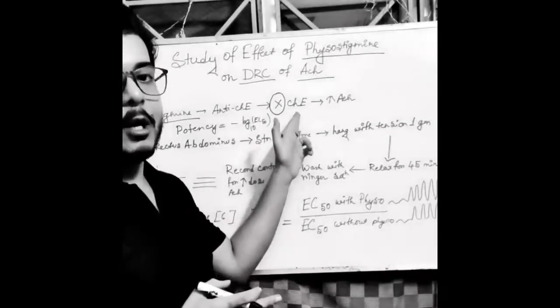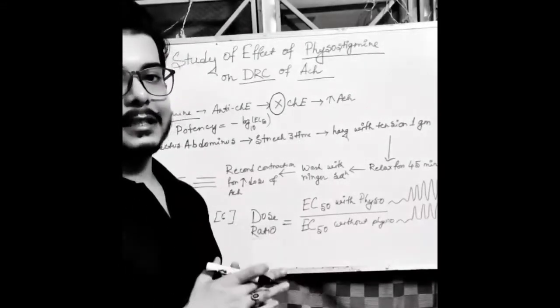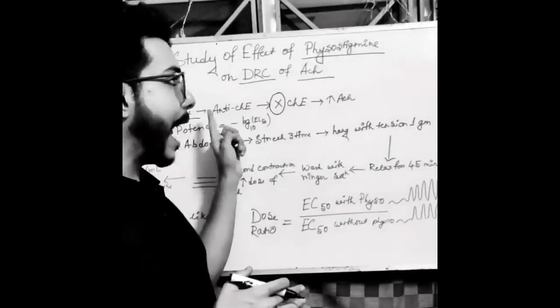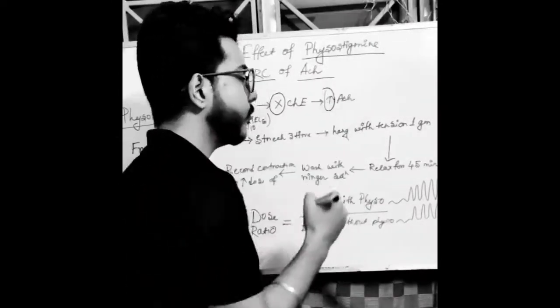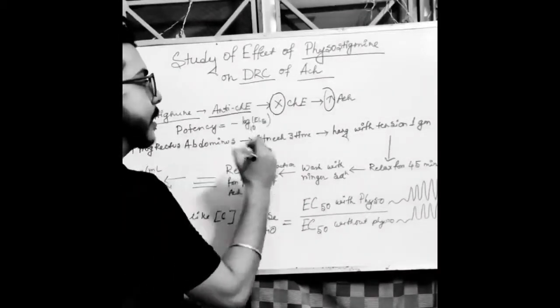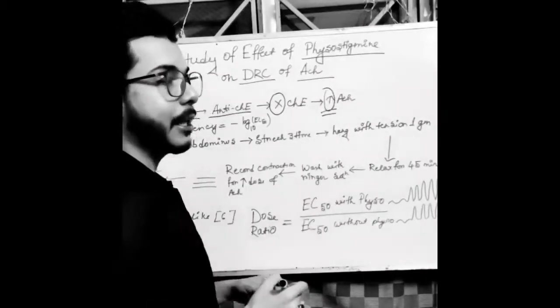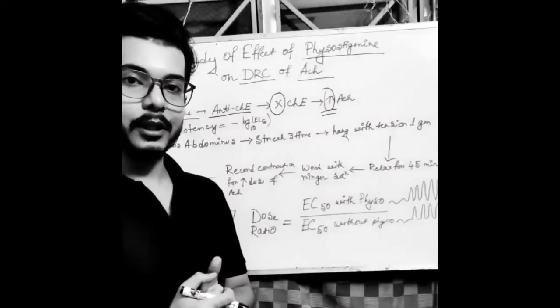Giving the anti of that will help to increase the level of acetylcholine. So basically anticholinesterase increases or potentiates the effect of acetylcholine, right?